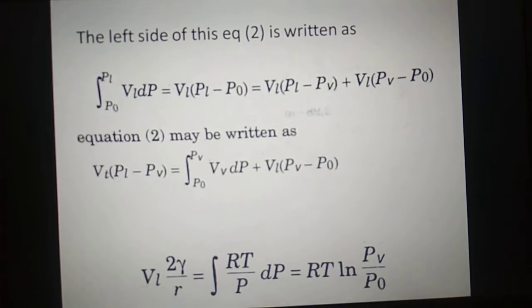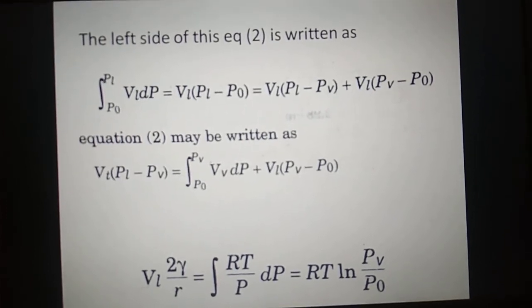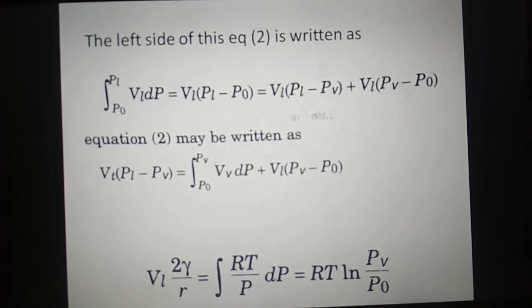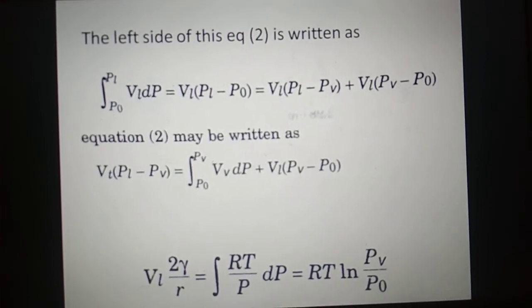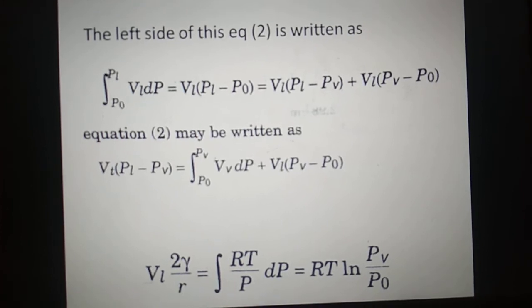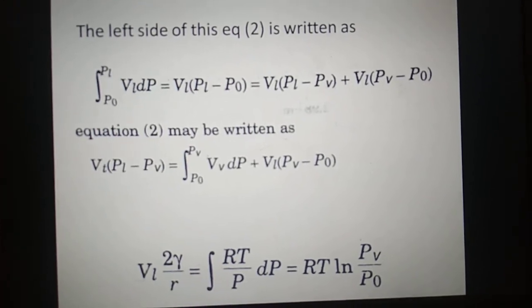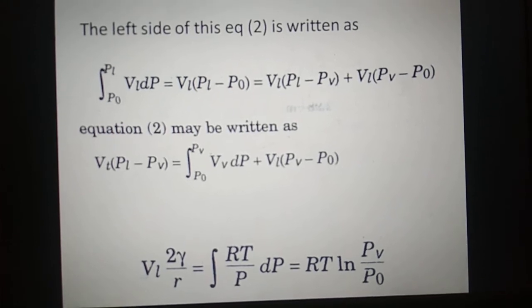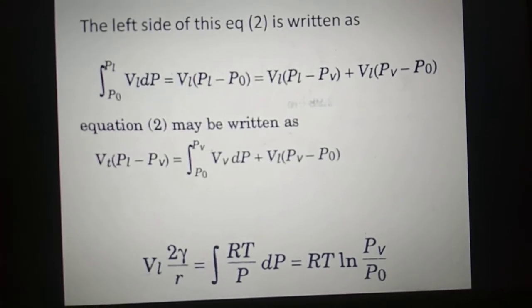The left side of equation 2 is written as integration from P0 to PL of VL dP, which is equal to VL (PL minus P0), which is equal to VL (PL minus PV) plus VL (PV minus P0).